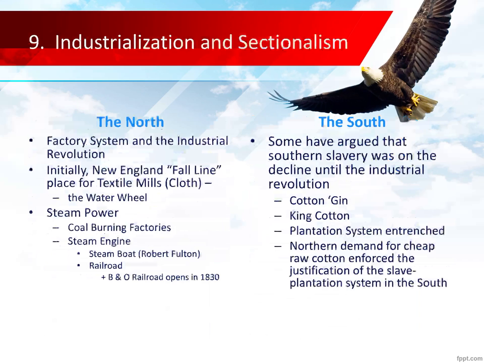So you had this trade between the South and the North, and the plantation system, which some people argue may have been in decline until the Industrial Revolution got here, ramps up. And of course, by 1860, you're going to have over 4 million slaves in the South. Northern demand for cheap raw cotton reinforced the justification of the slave system.